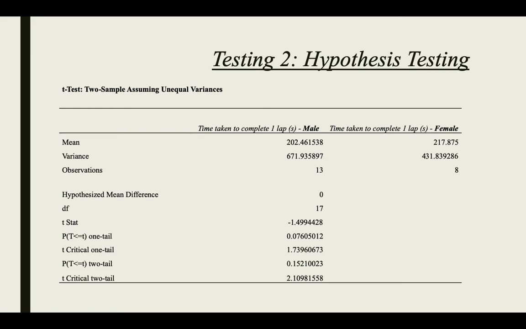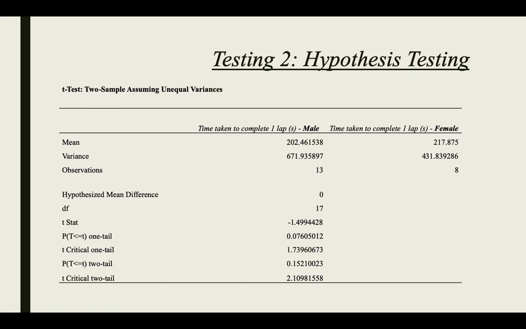And then the hypothesized mean difference, we set to 0, and then we set the alpha level, which is 0.05 or 95% confidence level, and then we have the t statistic, which is negative 1.499, and the t critical that we have for this testing is 2.1098, and then the p-value in the output we have 0.1521.